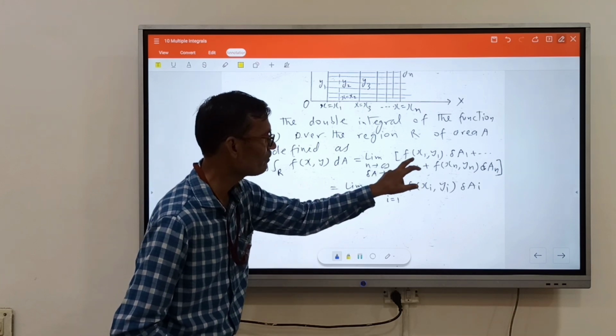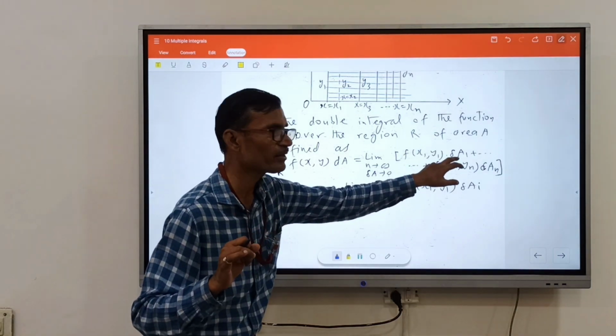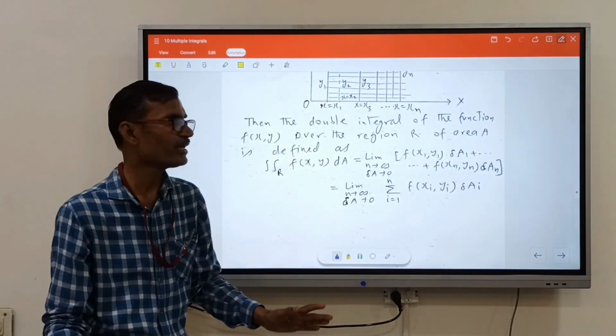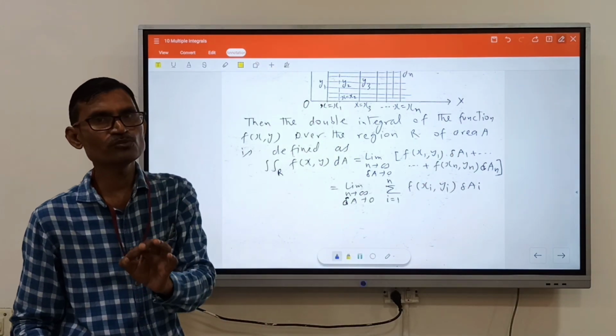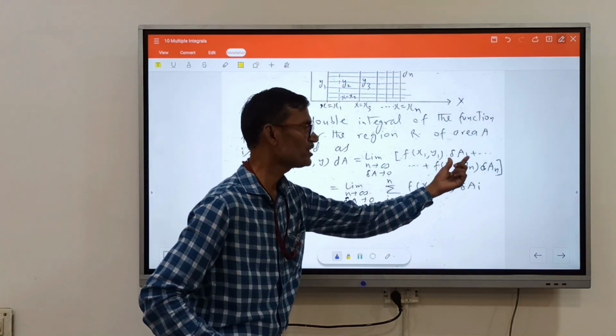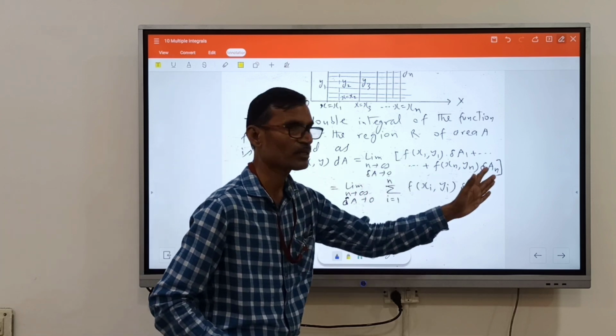We find the value of the function at that point and multiply it by the respective area delta a1. If the whole area is a, we can assume that the area of each rectangle is very, very small, represented by delta a1. Similarly, we can calculate the other products.